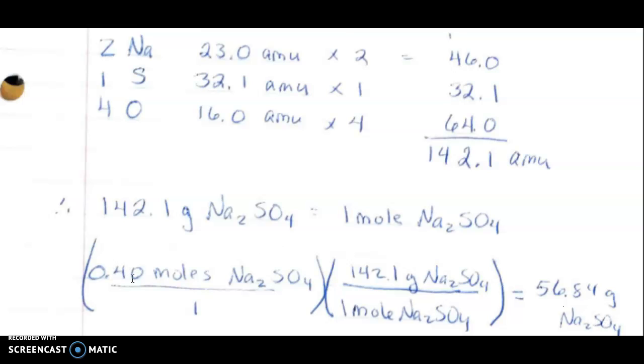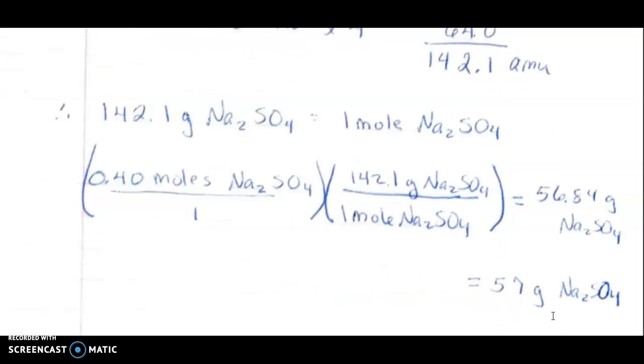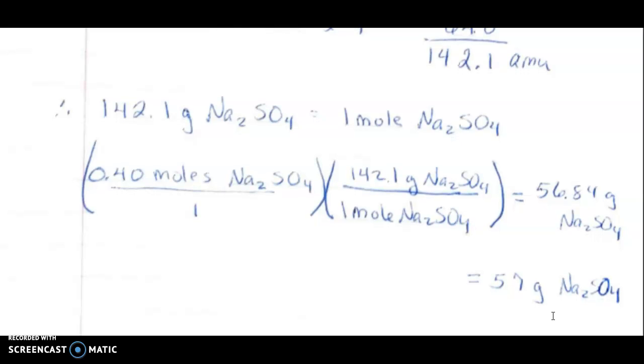However, I only have 2 significant figures here, and I have 4 significant figures here, which means my answer must have only 2 significant figures. So I can only go out to the tens position, which means I have to look at the number to the right. That is an 8, which means I have to round up. So your final answer will be 57 grams of sodium sulfate.